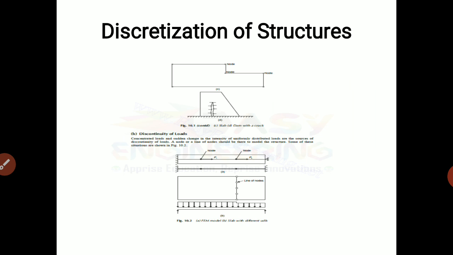So any structure, any bar, any truss, any portal frame, any dam, any retaining wall, any water tank, any cooling tower is divided into a number of finite nodes to form a mesh, and we are going to analyze our problem by using the finite element method. There are various steps for analyzing the numerical.